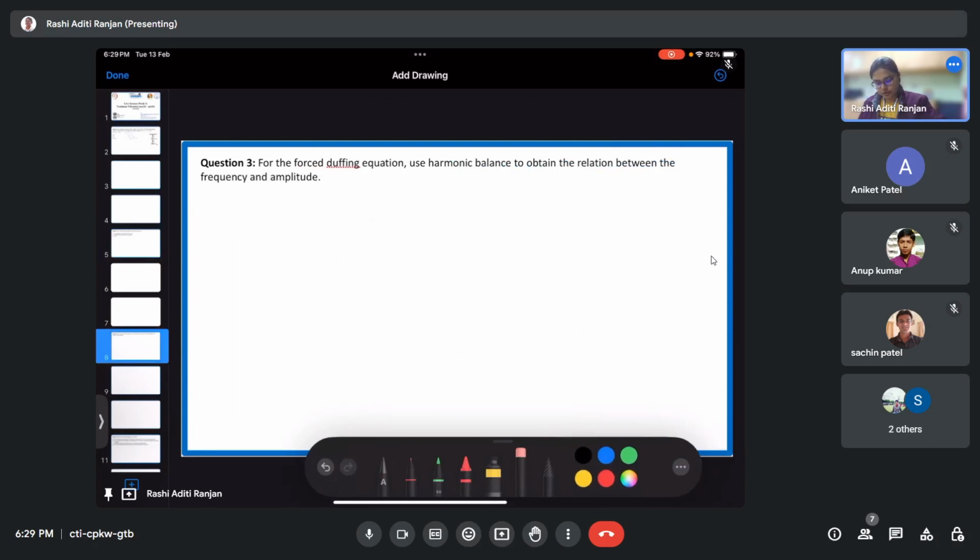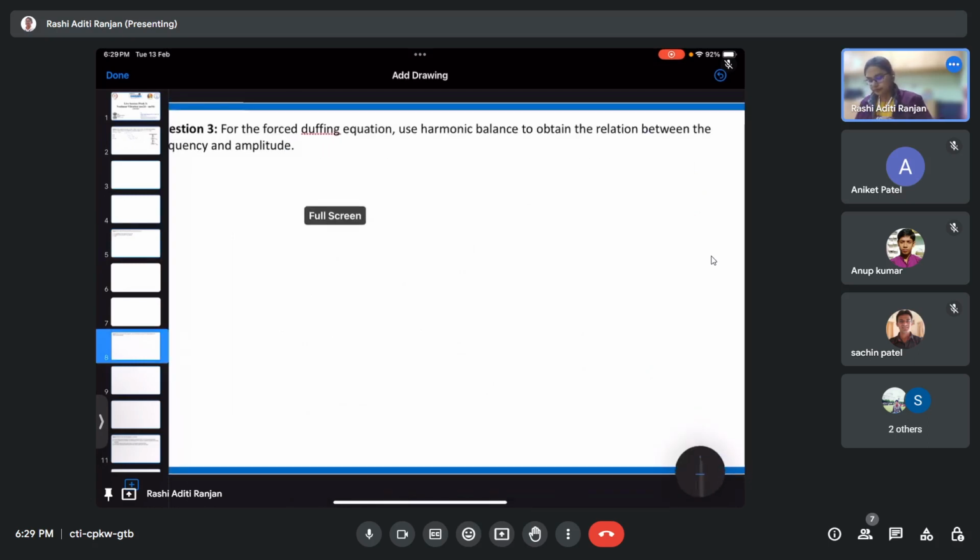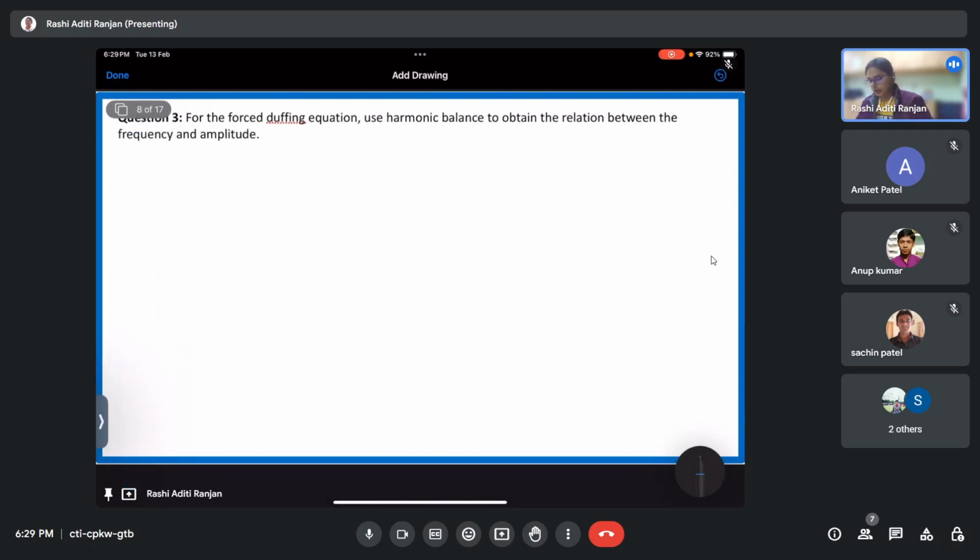So we'll just see for the forced Duffing equation. I'll assume the equation as x double dot plus x plus beta x cube equals f cos omega t. Here I have considered the nonlinearity as x cube.